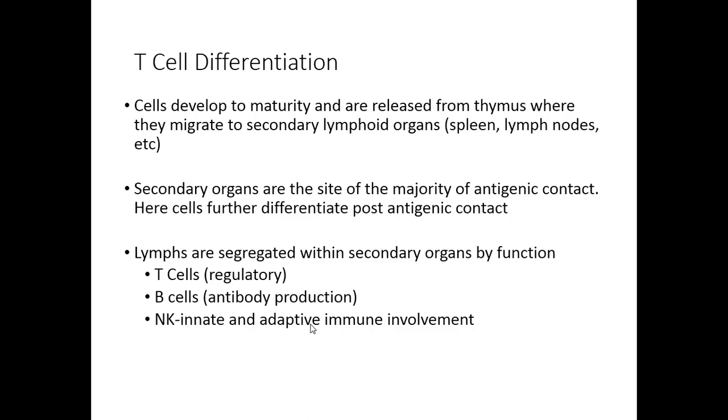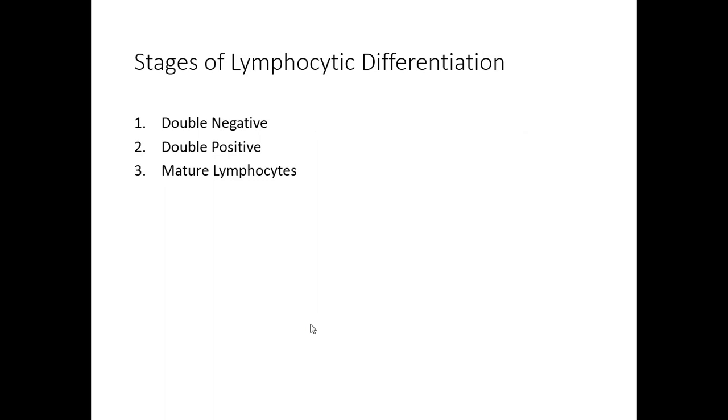B cells, antibody production we're thinking of, and then while we're not talking about natural killer cells, we're going to remember just in our head that natural killer cells are involved in the innate and adaptive immune response. So let's get to the stages of differentiation of lymphocytes, T lymphocytes specifically.